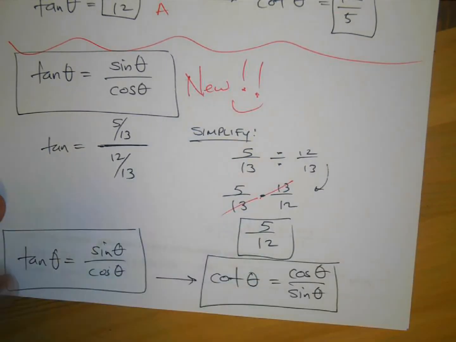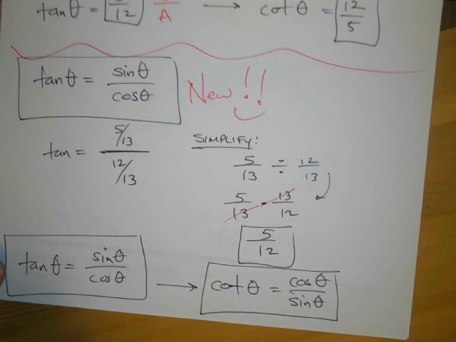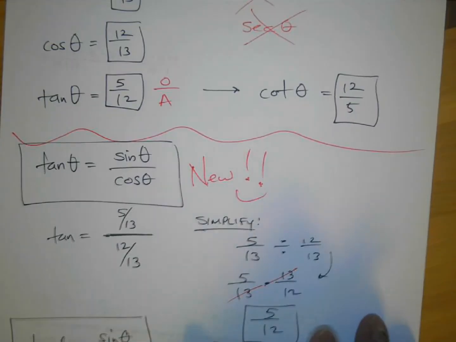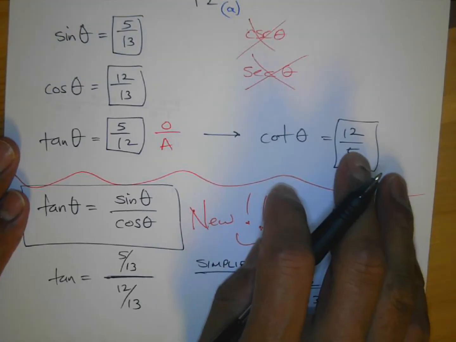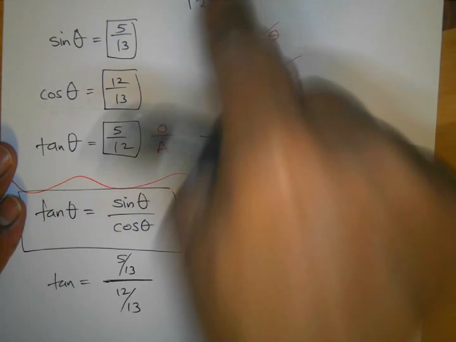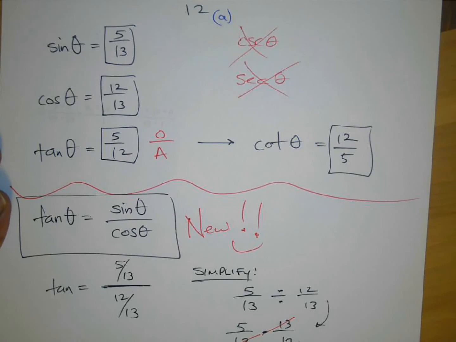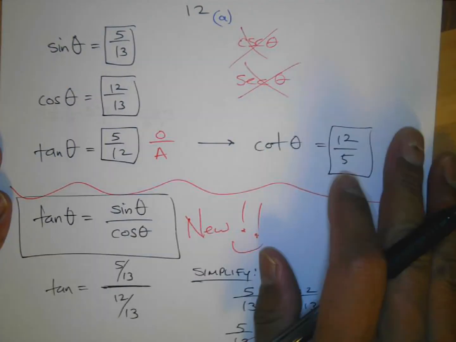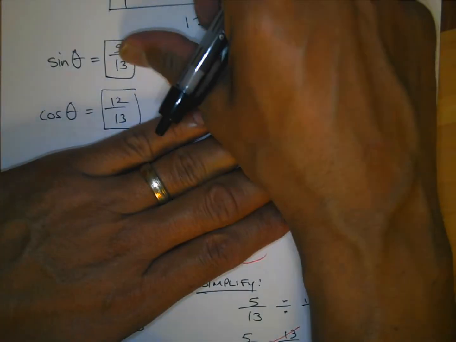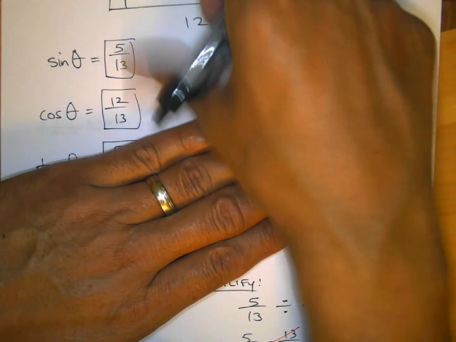Okay, so we'll do some problems. You'll work with this. But essentially what you're going to realize on these identities, you're not going to use all 6. You're not going to use sine, cosine, tangent, secant, cosecant, cotangent. That's crazy. What I'm going to show you is how to make it really simple. Instead of working with all 6, you're only going to work with 2, sine and cosine.